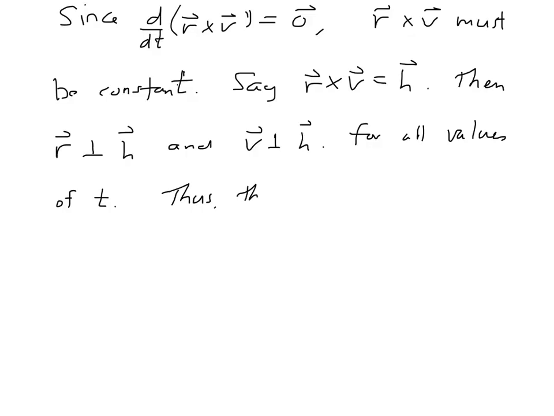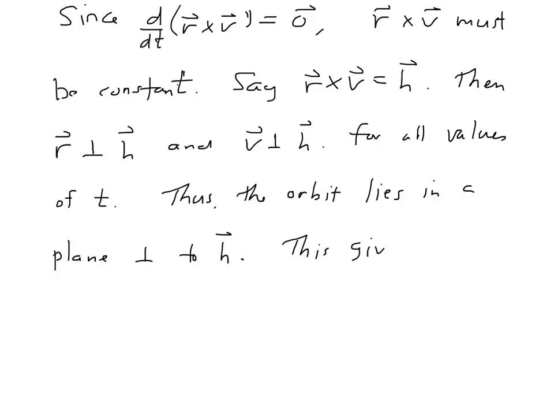And so the motion of the planet is actually in the plane that's perpendicular to h. Remember when we talked about planes in R3 before, we said that a normal vector to the plane actually determines the plane. So in this case, this normal vector is h. This completes our first goal of showing that the orbit is lying in a particular plane. It doesn't go up and down out of the plane.